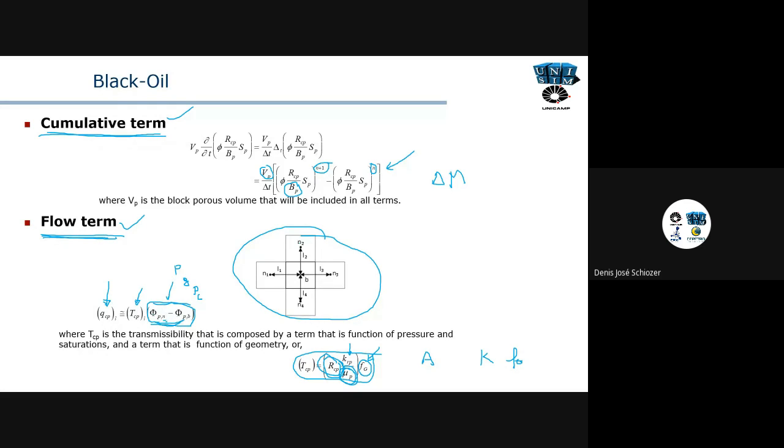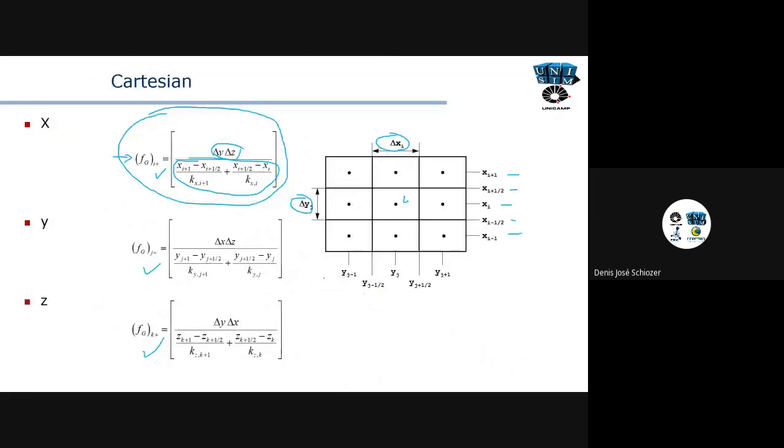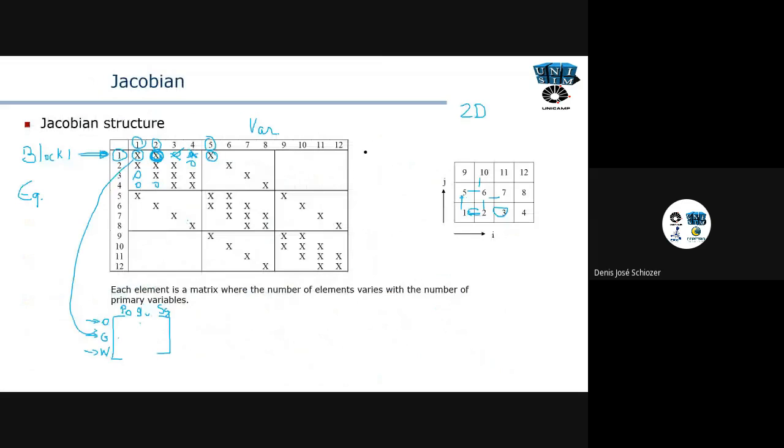So if the pressure and saturations are important for the flux from the neighbor blocks to the block, I have to consider that when I solve the equations of block 1. If I change the pressure in block 2, this will change the amount of mass that's going inside block 1. So that's why we have to account for this effect. And the same thing happens for the other blocks.